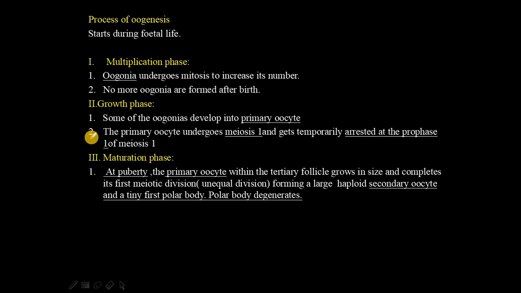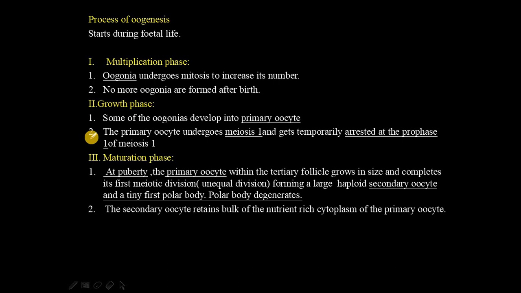In the maturation phase, that is at puberty, the primary oocyte within the tertiary follicle grows in size and completes its first meiotic division, forming a large haploid secondary oocyte and a tiny first polar body. The polar body degenerates.